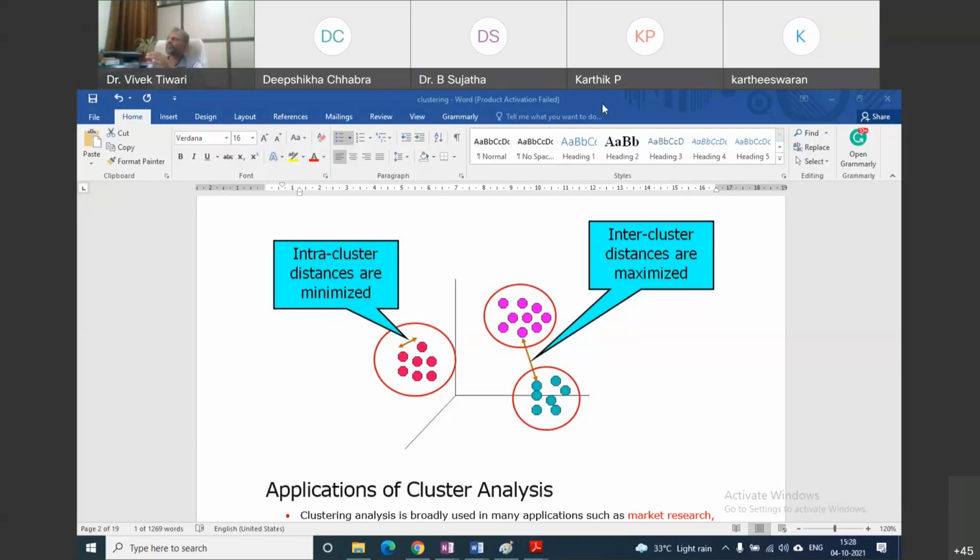The opposite is true between clusters. If you see the data points over here, this is one cluster and that is another cluster, and you see the distance between two data points belonging to different clusters must be far. It means the nature, property and characteristics of two clusters ideally must not be similar, otherwise merge them.